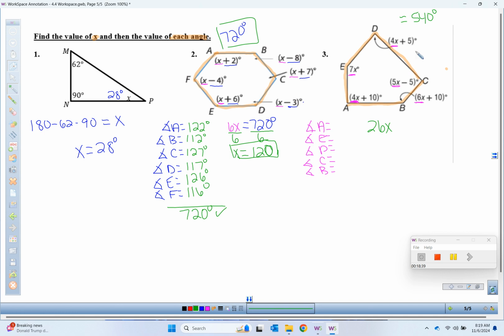All right, and now for our next set of like terms, we have a positive 5. And then we have a minus 5, which brings us to 0. And then we have a plus 10 and another plus 10, so that should be 20. Okay, and that's going to equal this number here. Okay, now we're just solving for x.